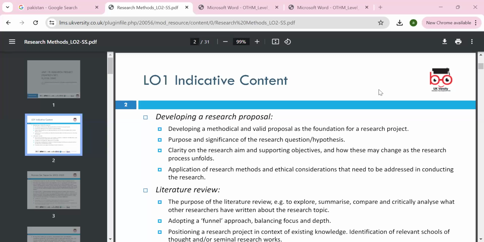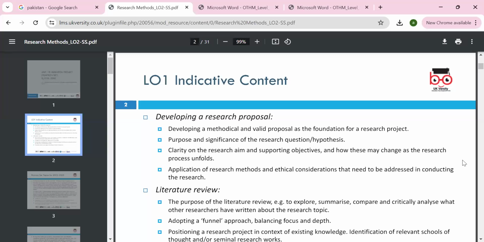We need to look at developing indicative content, a research proposal and the methodologies, and a valid proposal as the foundation of the research project.